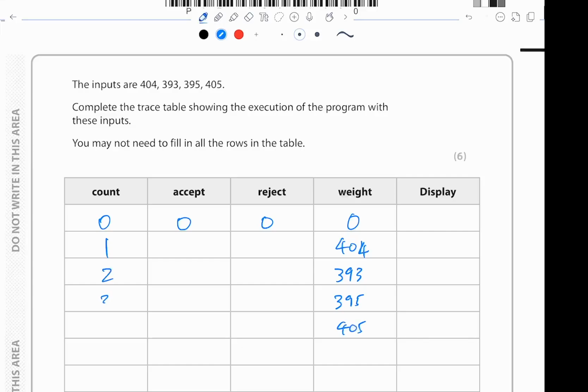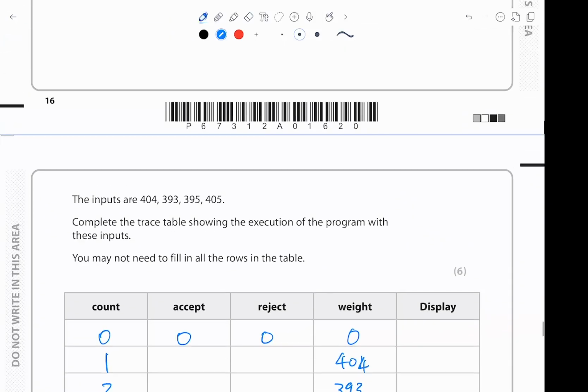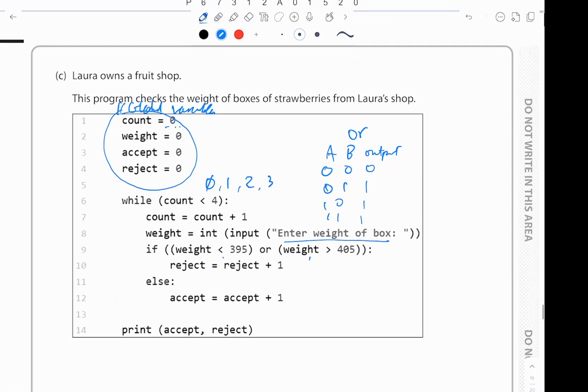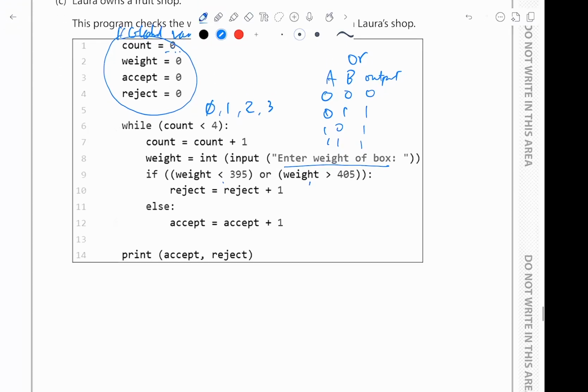And we know that we're going to get to, well, let's just keep that there. Let's do this. So count is 404, the weight. It's a reject, isn't it?